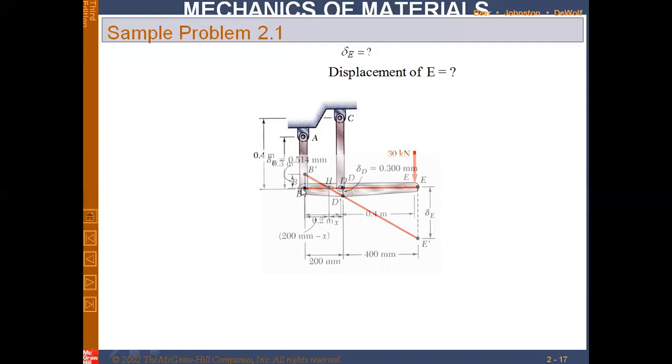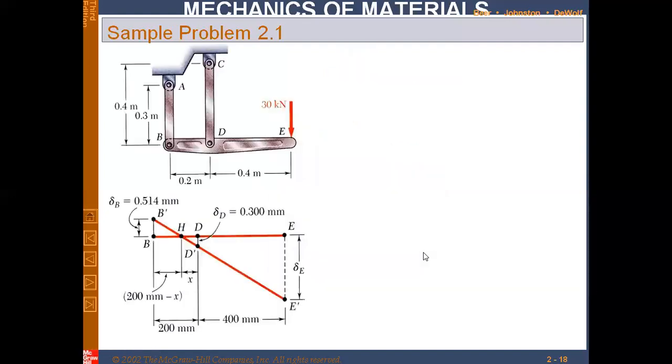So this is the initial position of the rigid rod or link, and this would be the position when the rod is subjected to the load of 30 kilonewton. So here we are getting some sort of geometry, and we will be using this geometry in order to find out delta E, the displacement of point E.